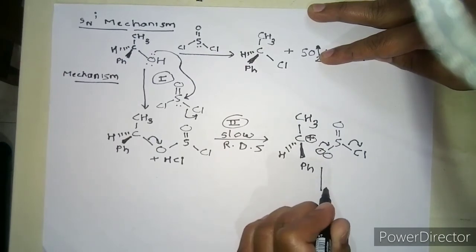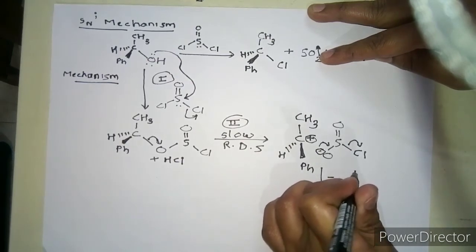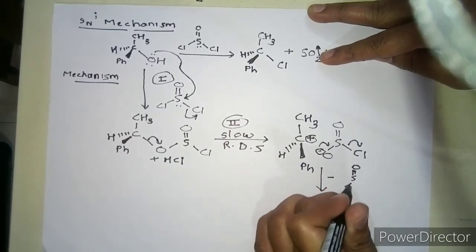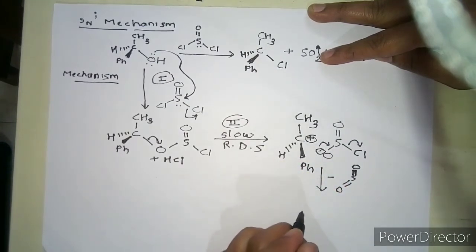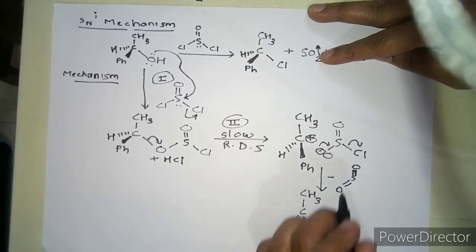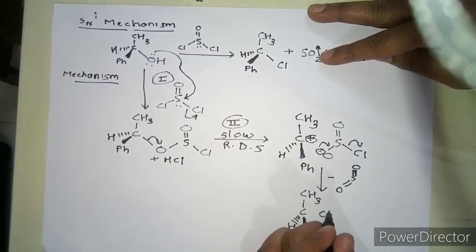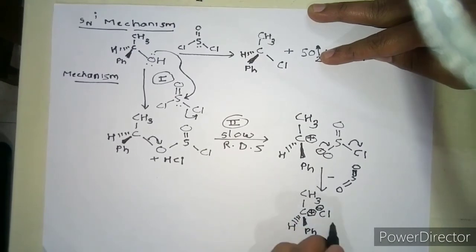Now in this step, minus SO2, this is SO2, this is a double bond, and here what you get, CH3, H, Cl minus and C plus. Again, this is another intimate ion pair.